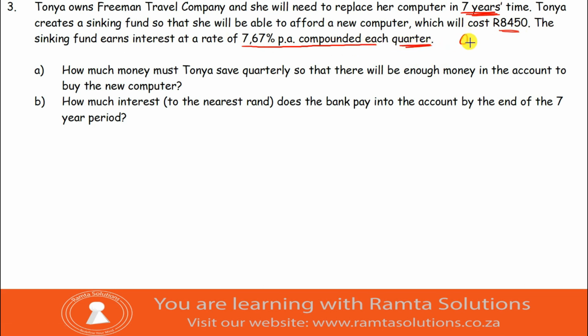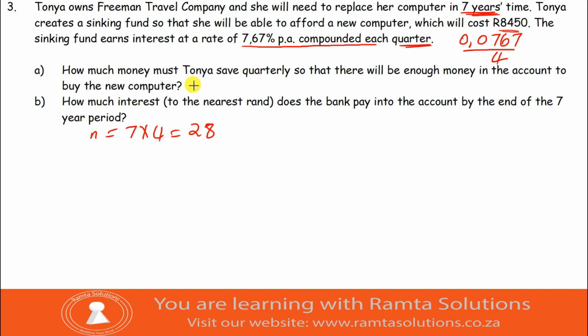So this is 0.0767 over 4. Now, normally, our N, we must say our N is 7 times 4, which is 28. Therefore, this means in 7 years, you have 28 quarters.